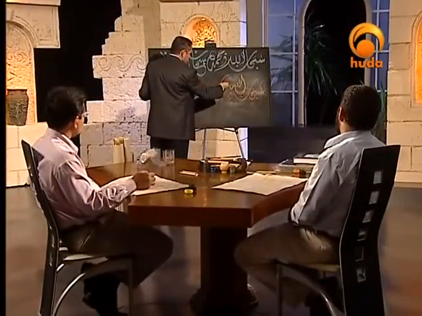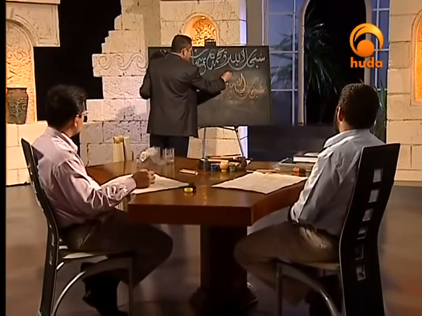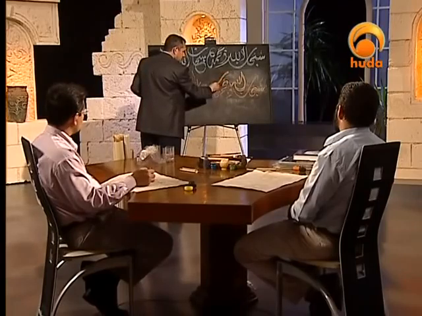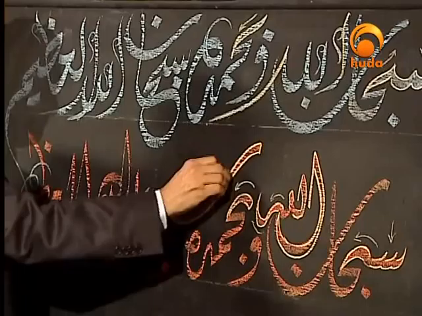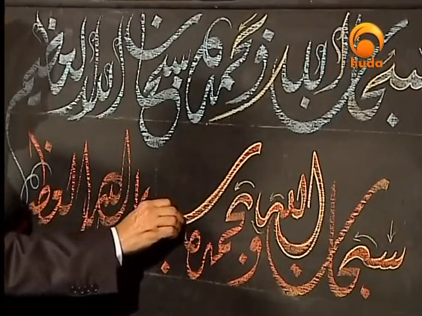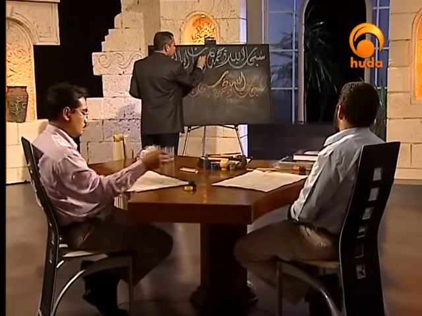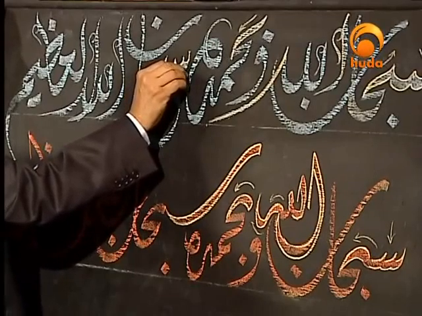Sin of Subhan comes here also, thick and thin, and stop. Here again come three curves for the letter sin.